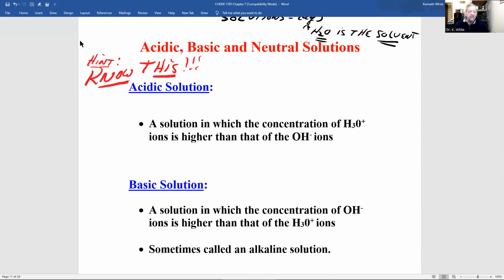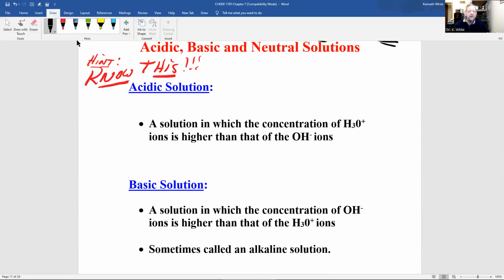And know this. Hi, what's an acidic solution? An acidic solution is where the hydronium ion concentration is higher, greater than the hydroxide ion concentration.